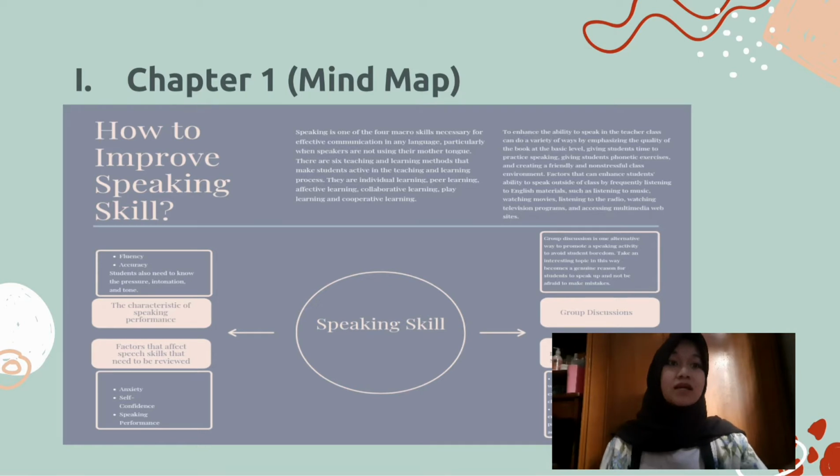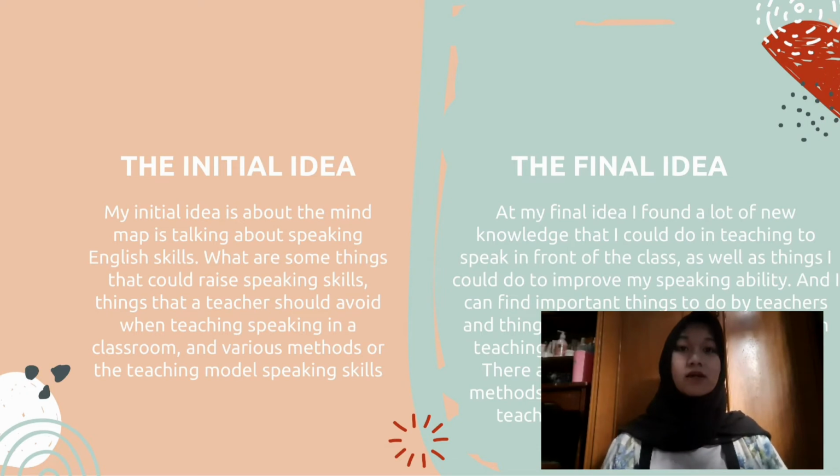Factors that can enhance students' ability to speak outside of class include frequently listening to English materials such as listening to music, watching movies, listening to the radio, watching television programs, and accessing multimedia websites. Next material, there are the initial idea and the final idea.